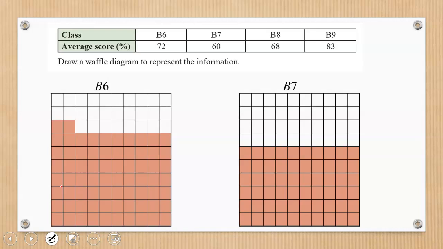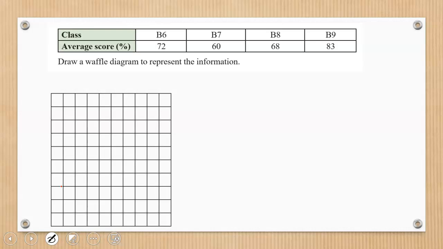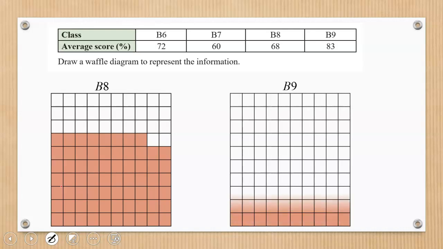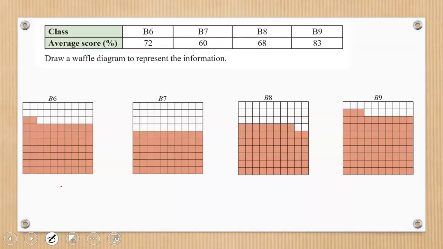B8 is 68, so we shade 68 cells. Finally, B9 is 83, so we shade 83 of the cells. Now when you compare all this, this is what you have: B6, B7, B8, and B9. You can see from the pictorial representation that B9 has the highest enrollment compared to B6, B8, and then B7.